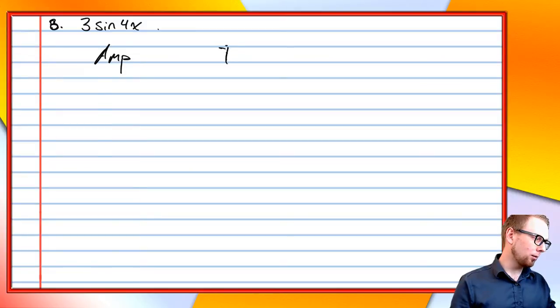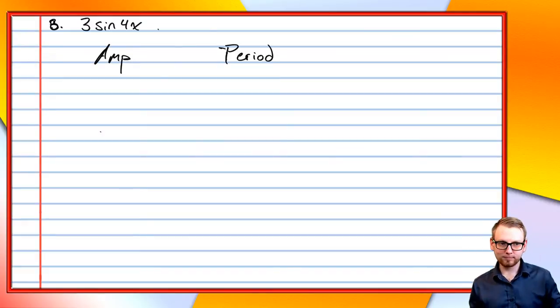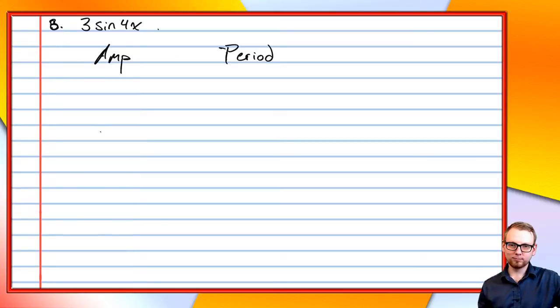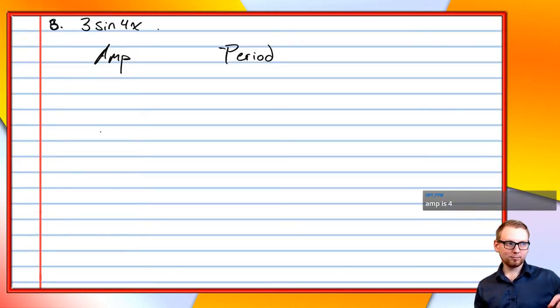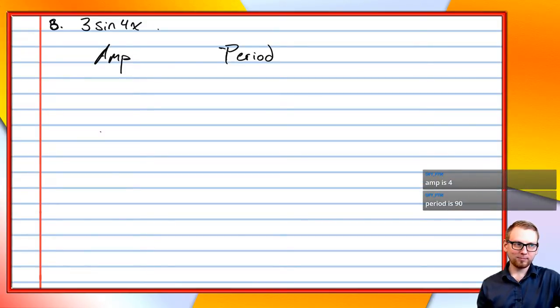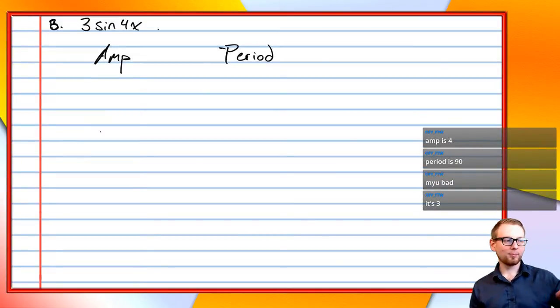And the period. Nope, amp is not 4. 3, and the period will be 90.